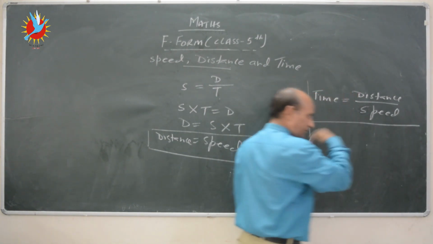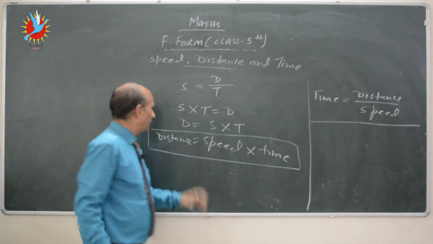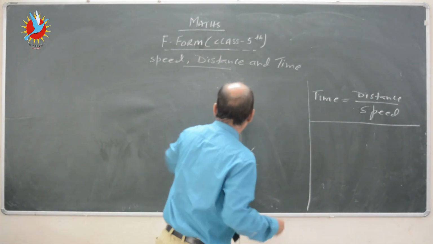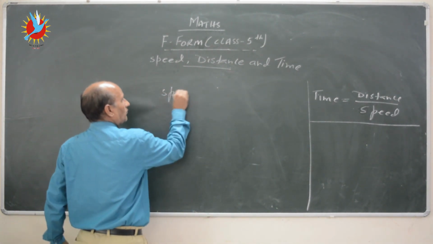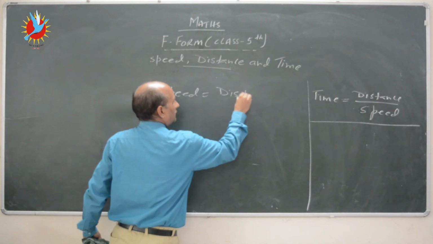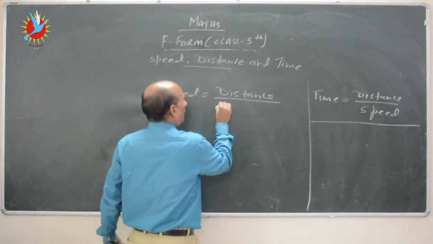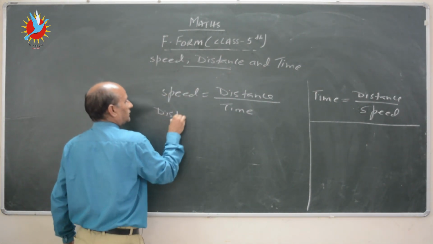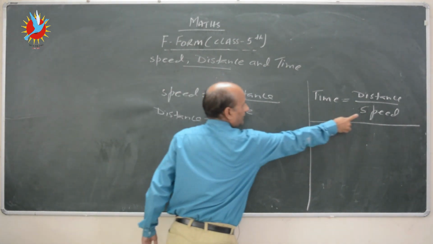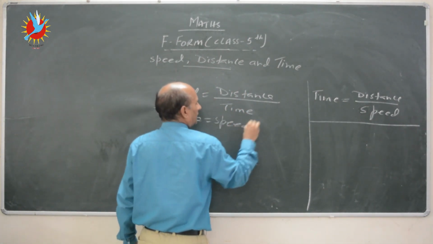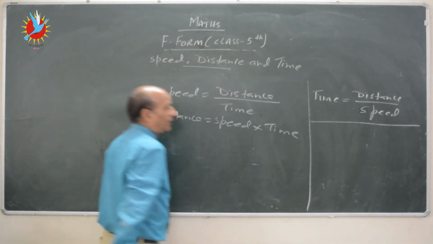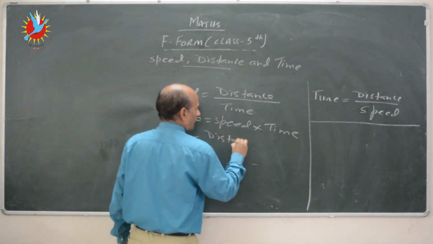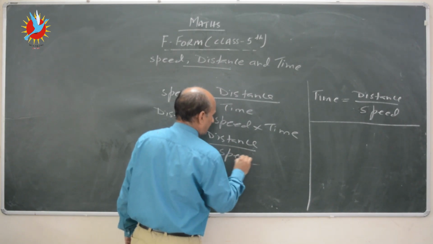So let us sum up what we have learned today. If we want to find out the speed, then speed is equal to distance upon time, and distance is equal to speed multiplied by the time, and the time is equal to distance divided by speed.